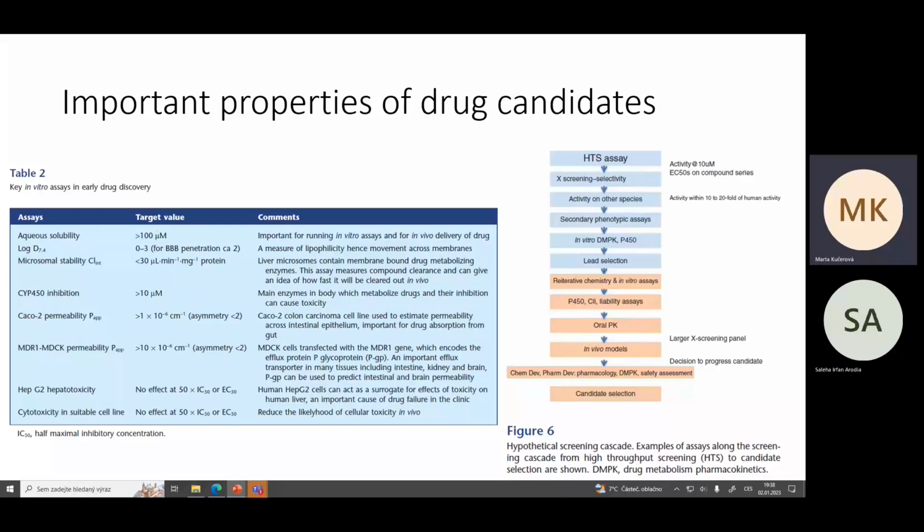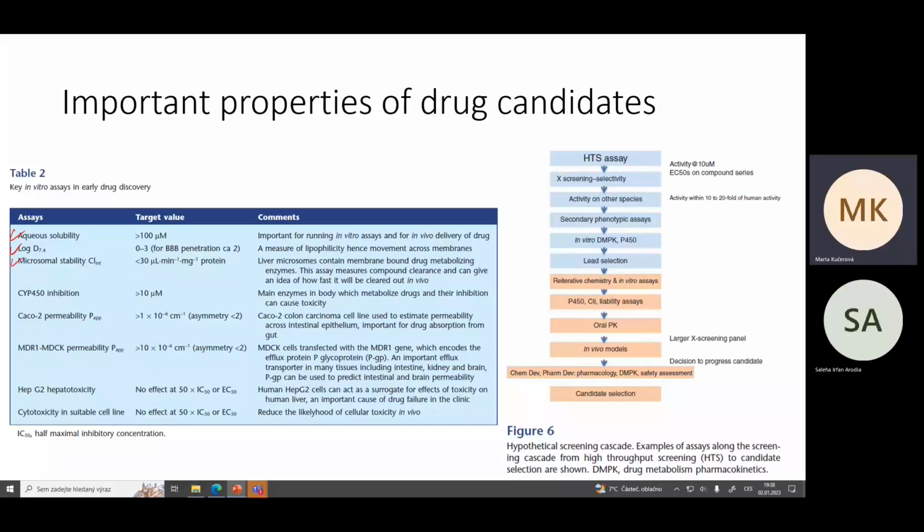For example, water solubility, which is essential for transportation in the body, but also for the drug delivery, for example, for solution administration or drops administration. The lipophilicity, expressed as log P or log D, is essential for crossing the membranes. It is included in Lipinski rule parameters.